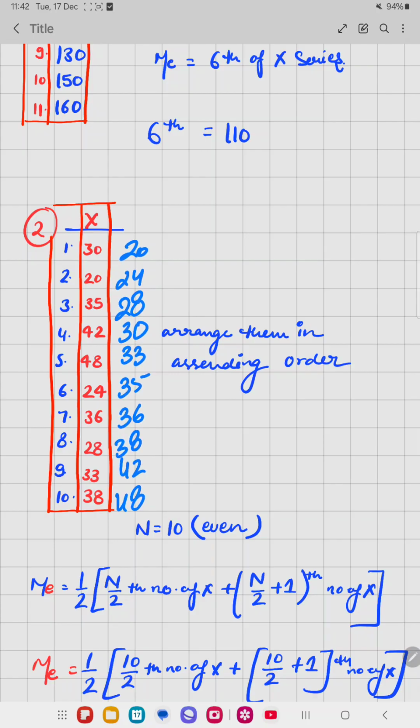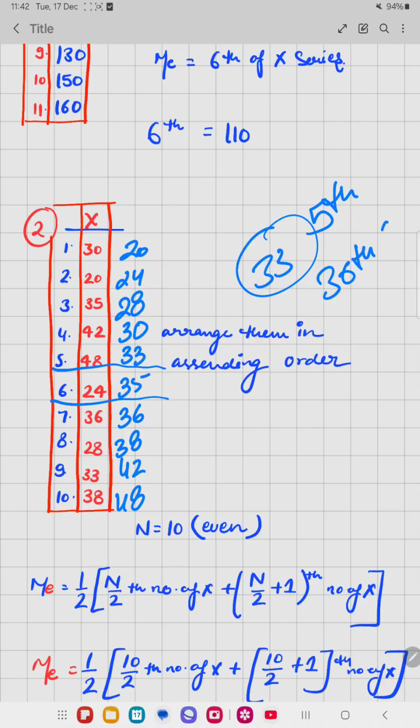Okay, now the 5th and the 6th, right? That's what we have to find out. Now here the 5th will be this and the 6th will be this. Now 33 is the 5th and 35 is the 6th.